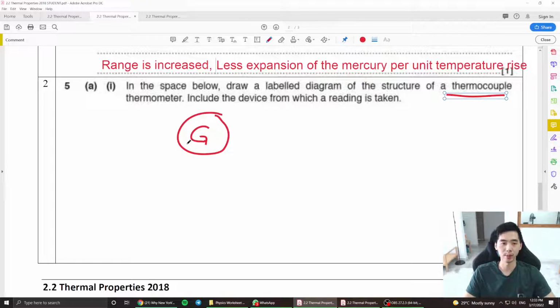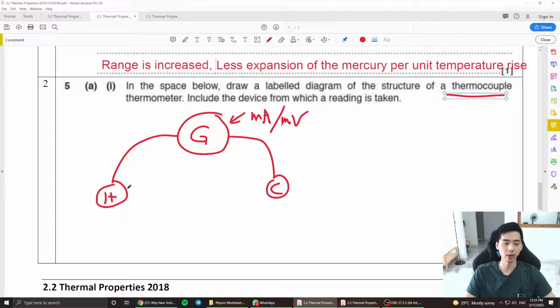For those who can't remember, a galvanometer is essentially like a millivoltmeter or a milliammeter. If you want to, you can draw it as a milliammeter or a millivoltmeter, which is acceptable as well. It will consist of one wire that is contacting the hot junction and also the cold junction, and a different type of wire that is contacting both junctions as well.